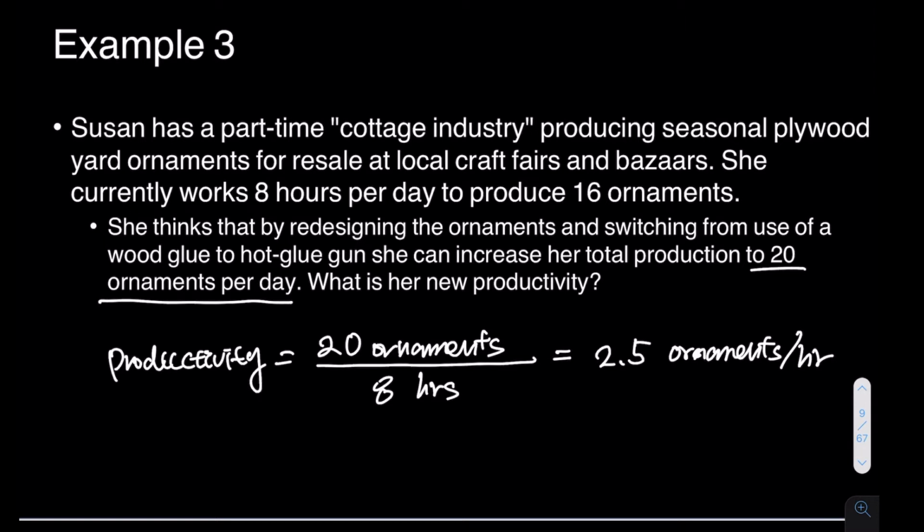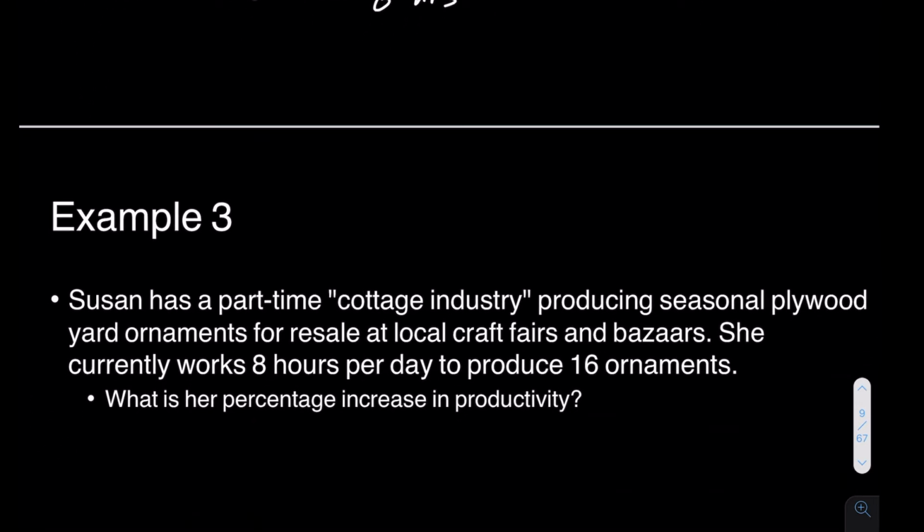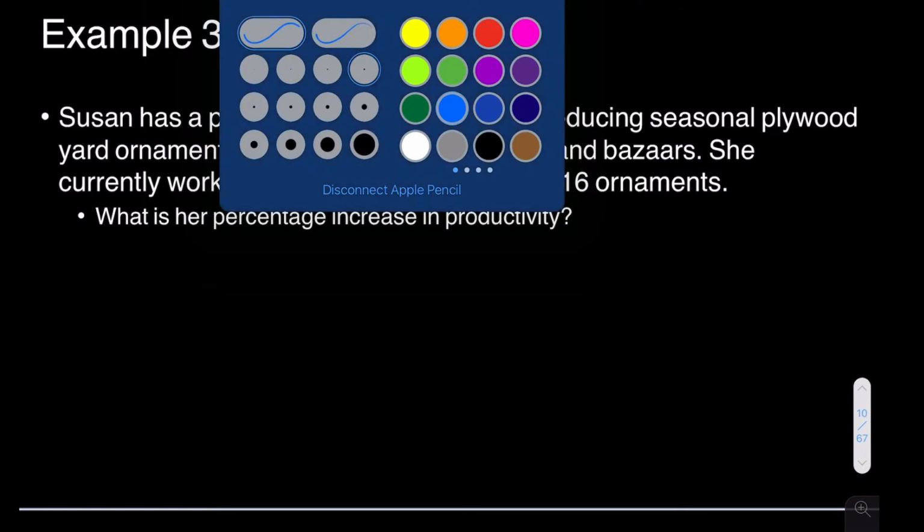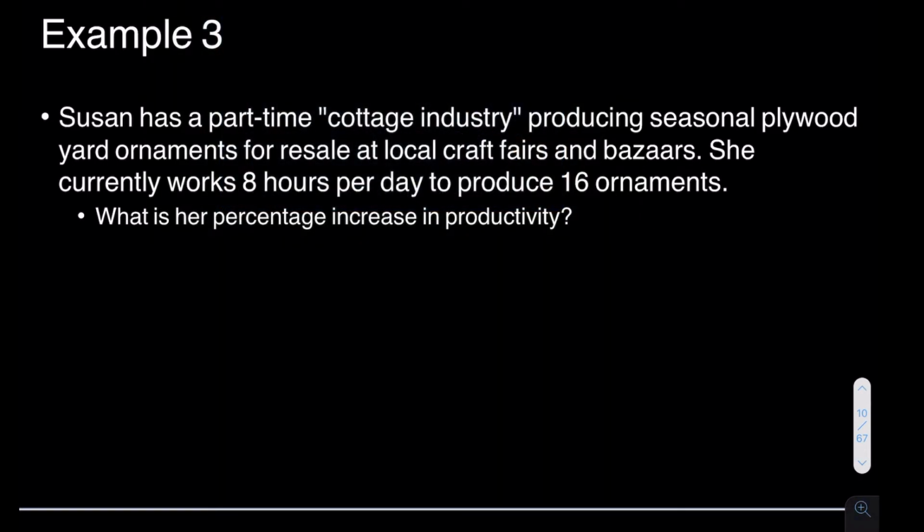Now, if you have this improved productivity, how can you address this improvement? To do this, we use a new concept called productivity increase, or percentage increase in productivity. Not only in business, many times we use this percentage increase concept. Percentage increase means given the baseline, how much improvement you can make.